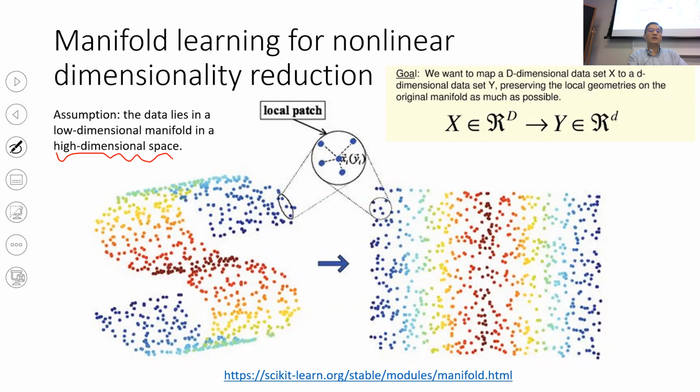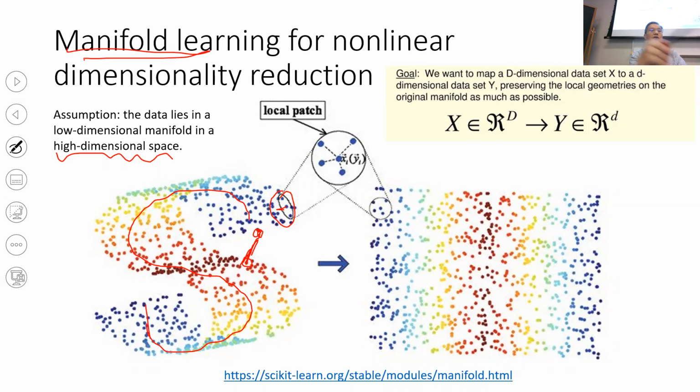So you cannot approximate the distance from this point to that point by its Euclidean distance, but you have to look at the whole structure of this shape. Locally, if you only look at a small patch of this structure, you can use Euclidean distance to approximate the real distance between data points, but not across the structure from one place to another once the structure is more complex.